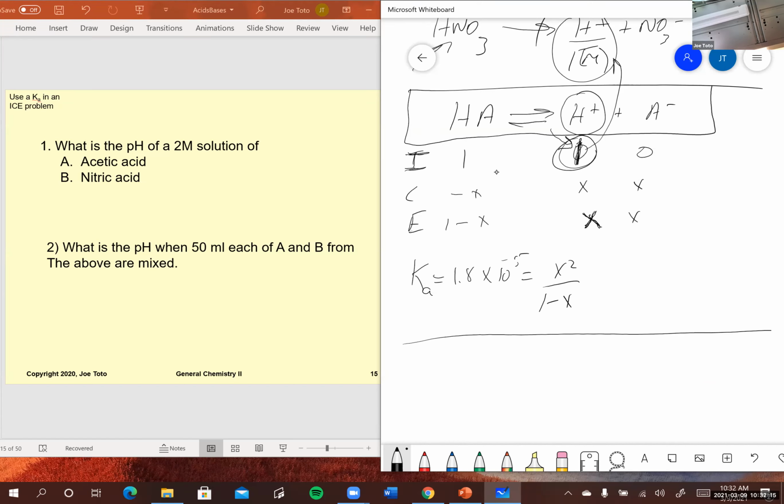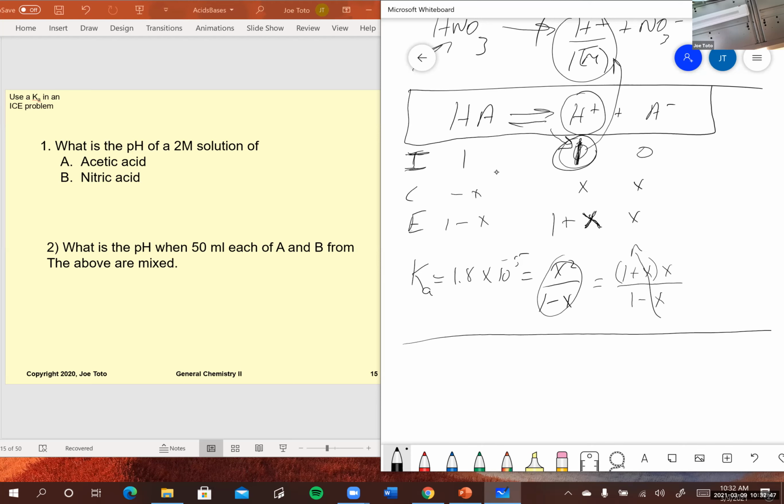So let me finish this out here. So I'd have a 1 plus X in this situation. And so this isn't true anymore. I would have 1 plus X times X over 1 minus X. Let's neglect these two X's, check the 5% rule, which I'm not even going to check because I know it's not going to be larger than 5%.